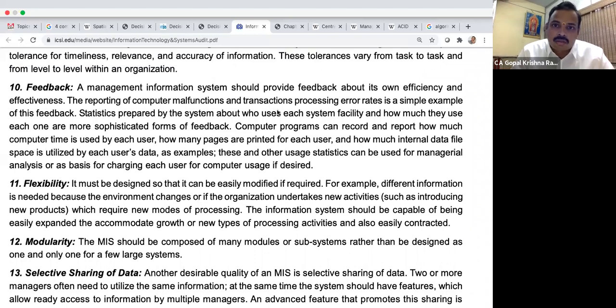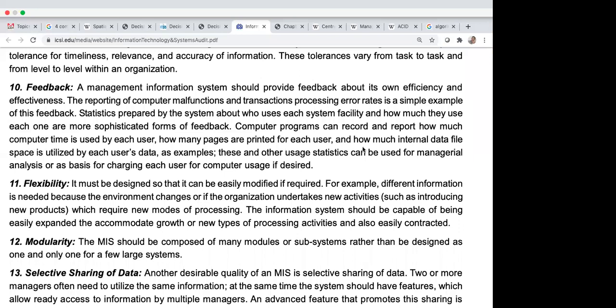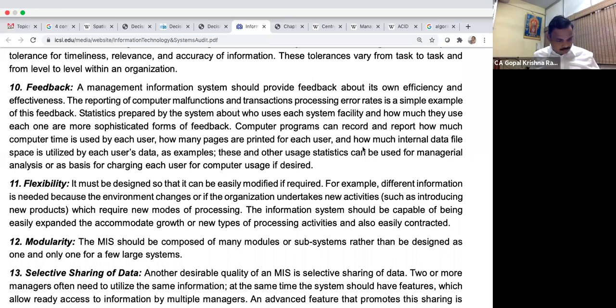Is it audible now? Yes, you can speak up, we'll try to hear you. Sir, I would like to ask about different approaches to MIS development, like top-down, bottom-up, and integrated approach.